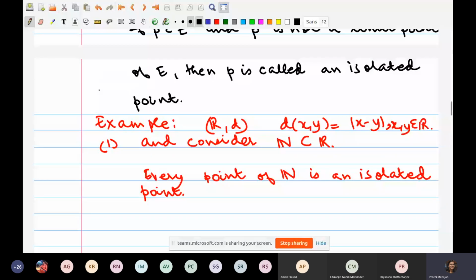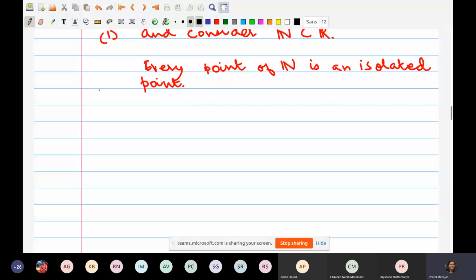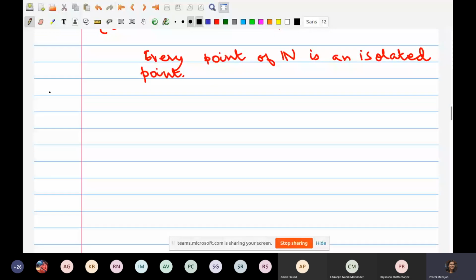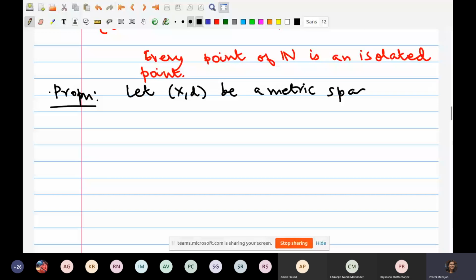Okay. Here is a statement, a proposition. Again, I am working under the premise that (X, d) is a metric space and E is a subset of X. So the statement this proposition is making is the following.